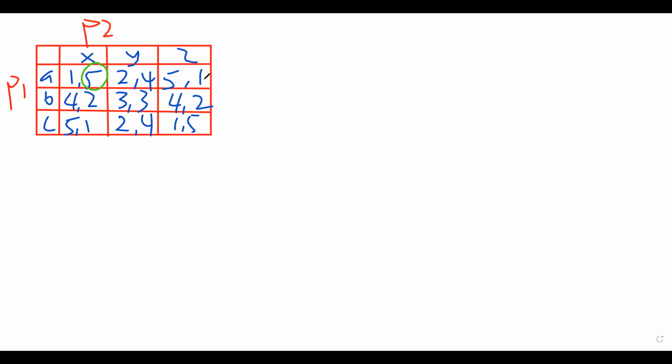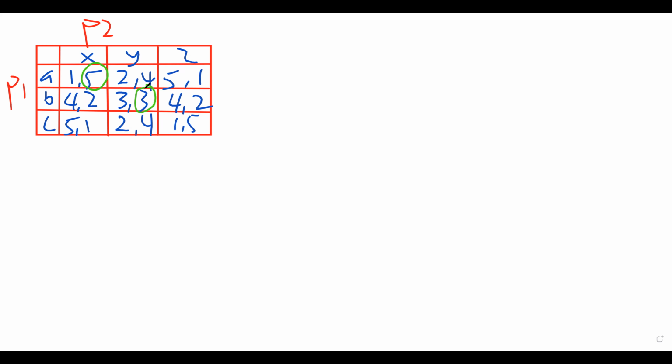You're all right, you go for Y. Why? Because if he goes for X, he's going to get 4, if he goes for Y, he's going to get 3, and if he goes for Z, he's going to get 2. So X and Z don't give him a higher payoff, but Y gives him a higher payoff. So you circle the 3 like that.